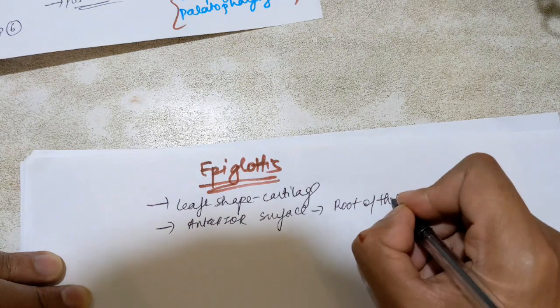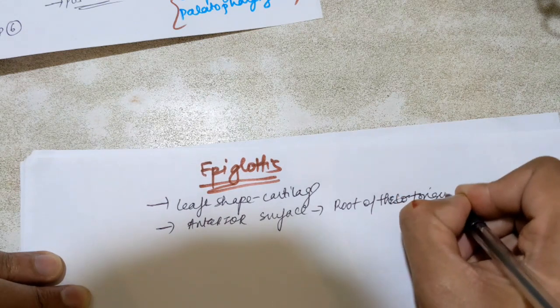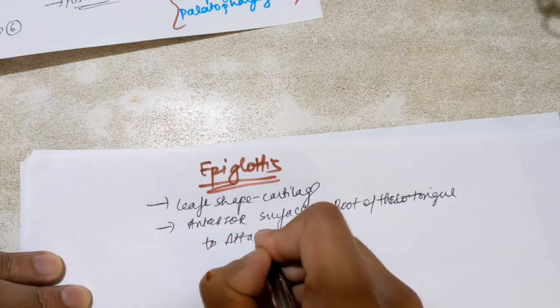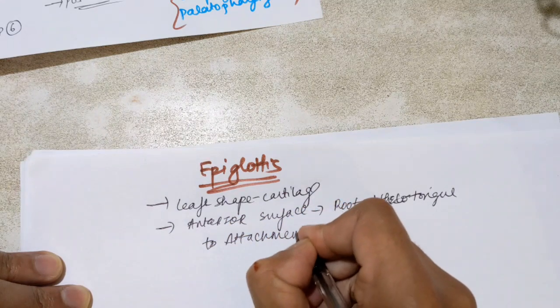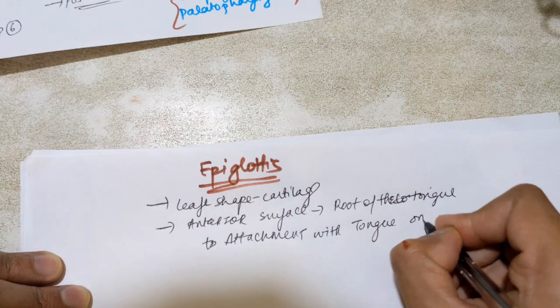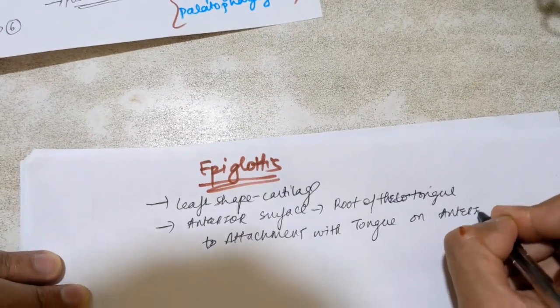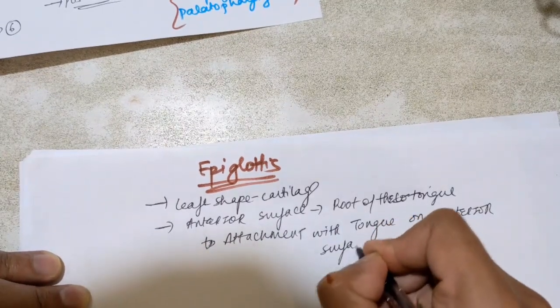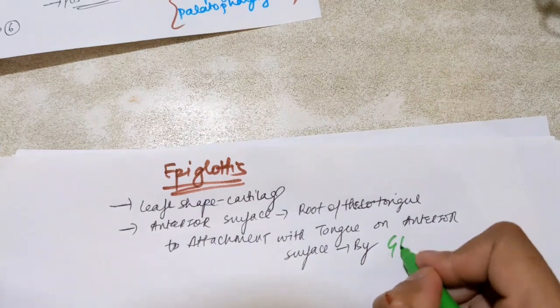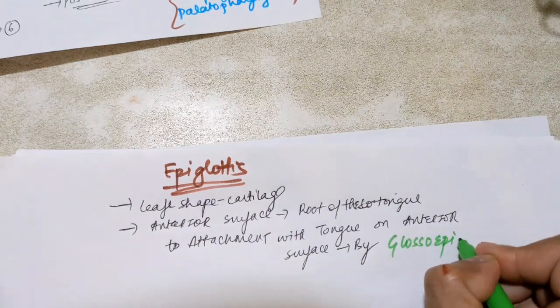And it has attachment with the tongue with folds. Attachment with the tongue on the anterior surface by the glossoepiglottic fold.